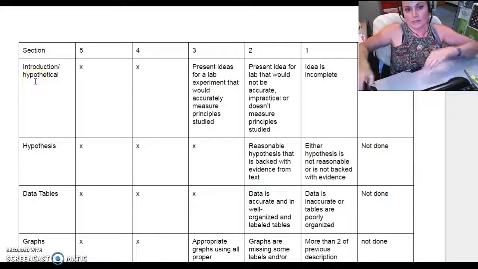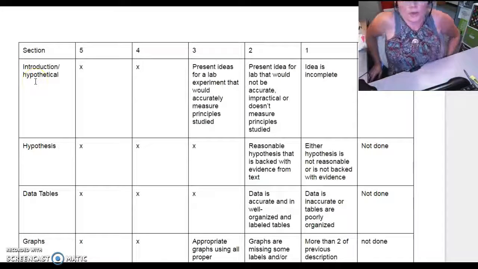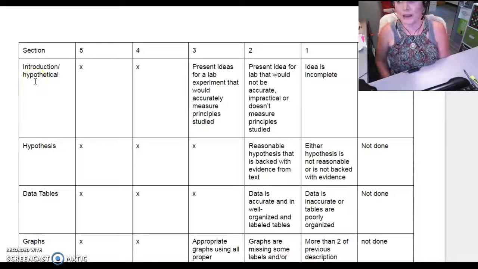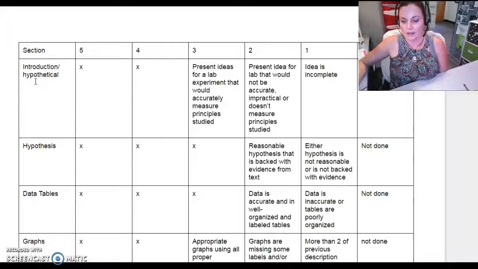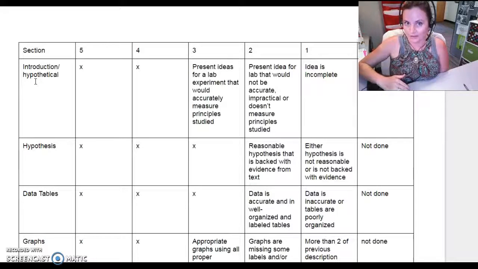So this is where you would discuss that hypothetical proposal. How would you do this lab in the real world? And this is where you would also give an introduction to the lab that you are actually going to complete in the virtual world. So both of those things need to be covered in this introduction.